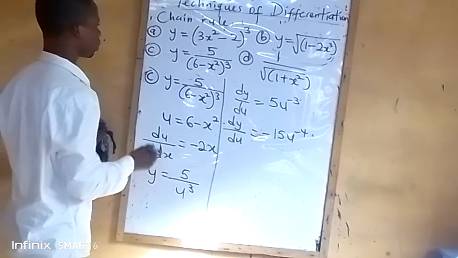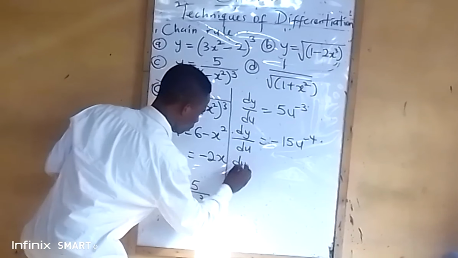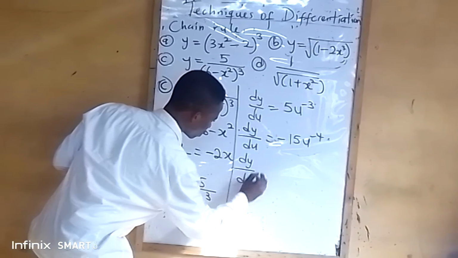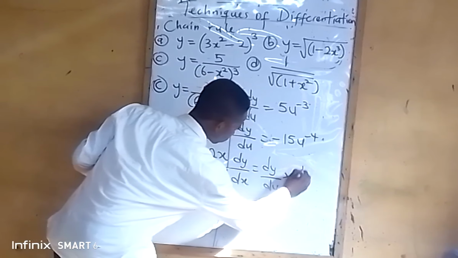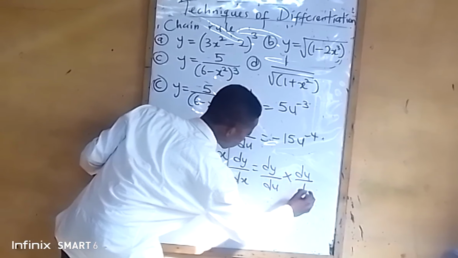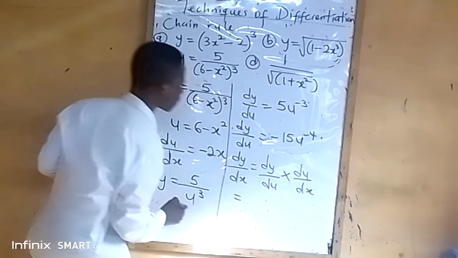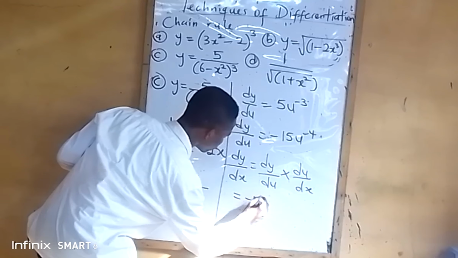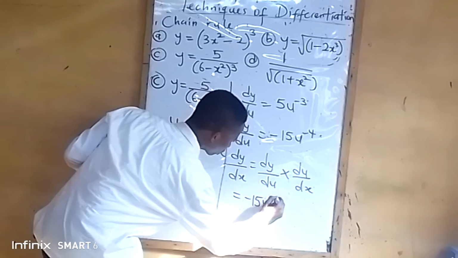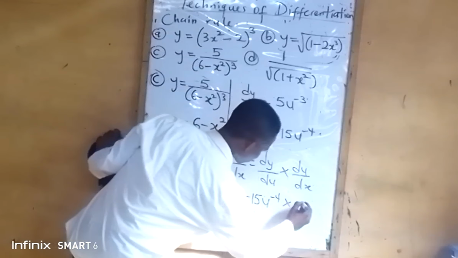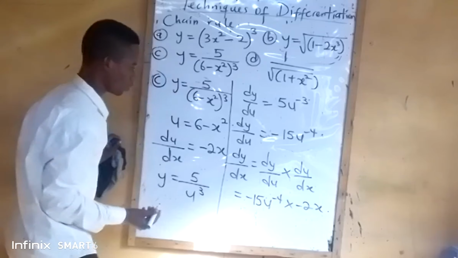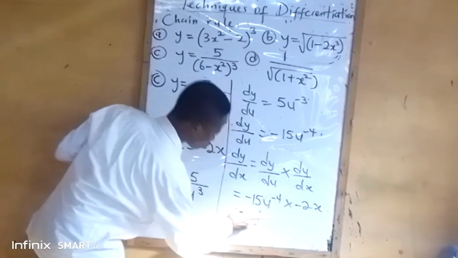Now let us do dy/dx. dy/dx equals dy/du multiplied by du/dx. What is my dy/du? Minus 15 u raised to power minus 4, multiplied by du/dx, which is minus 2x. So bring this one down to take away this negative.